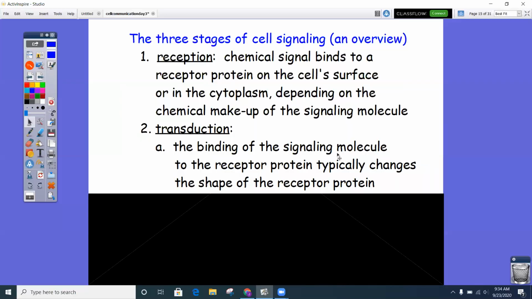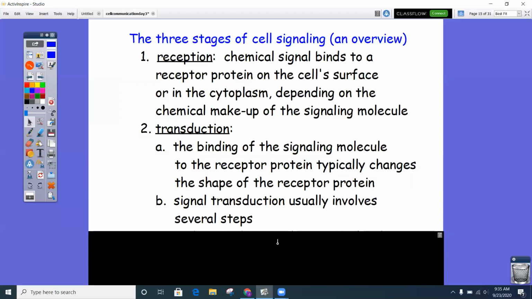Okay, so the binding of the signaling molecule to the receptor protein is typically going to change the shape of the receptor protein and allow something else to happen. Maybe some other molecule comes in and binds to it. I know this seems kind of vague and abstract today, but trust me, when you learn about the specific pathways over the next few days, you'll say, oh, okay, that kind of makes sense now that we're doing specifics.